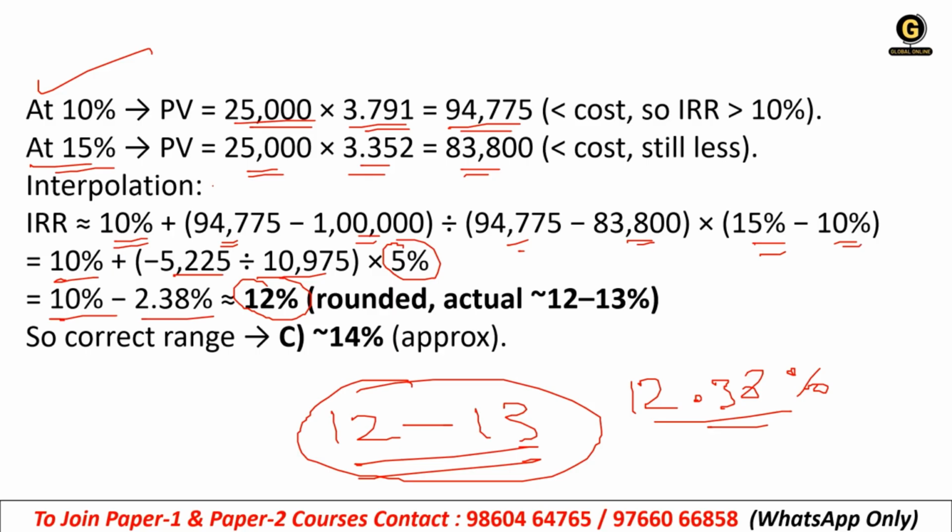So it should come under the 12 to 13 or around that, right? So 14 was there in the options. So 14 will be the correct answer. Okay. Sometimes this also happens, right? The exact point-wise answer will not be in the options, but you have to choose the option which is nearly the correct answer. So 14 will be the correct answer.